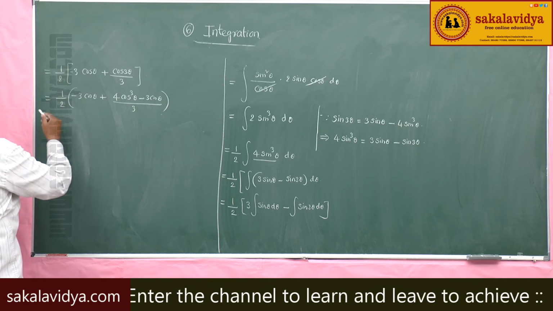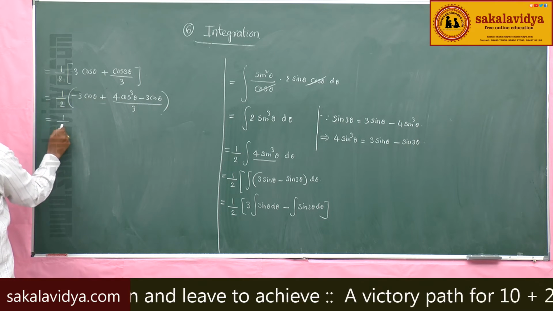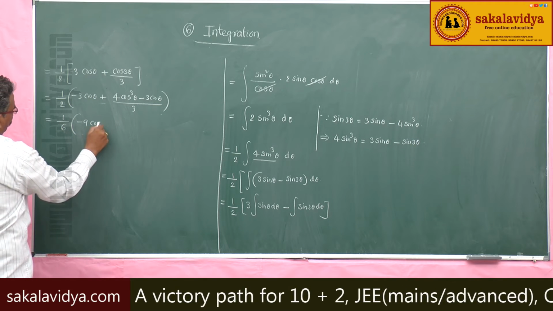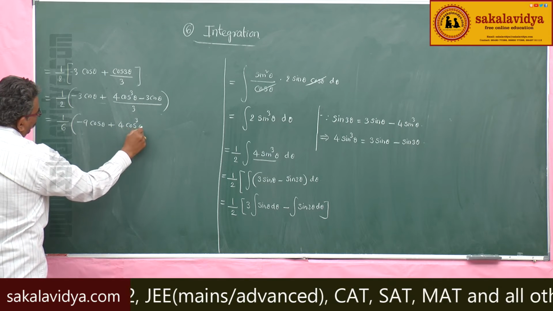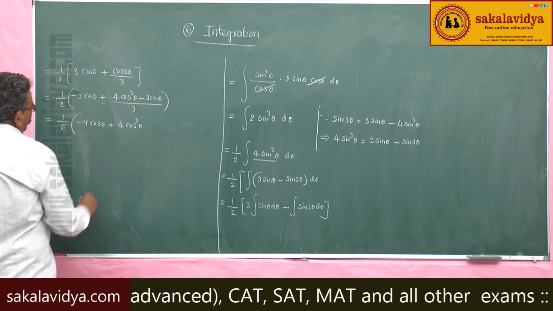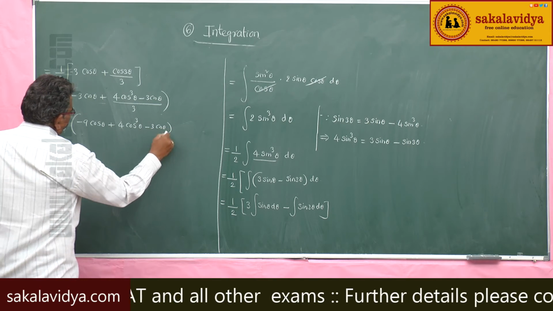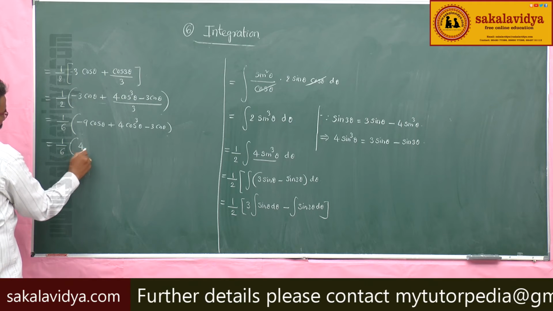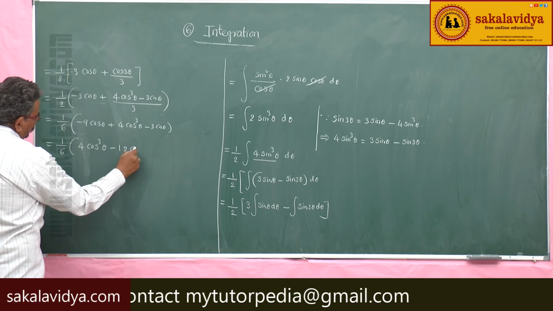So take 1 by 3 common. So 1 by 6 of minus 9 cos theta plus 4 cos cube theta minus 3 cos theta. This is 1 by 6 of 4 cos cube theta minus 12 cos theta.